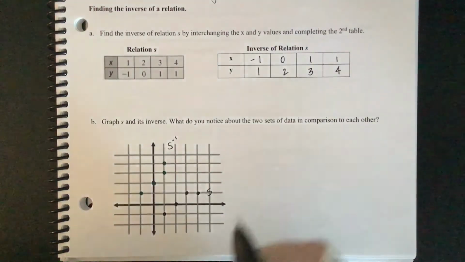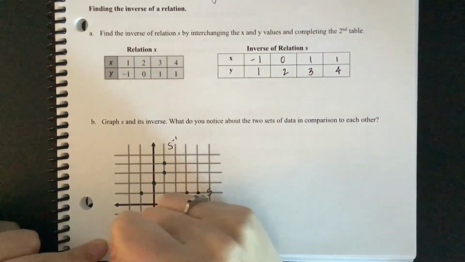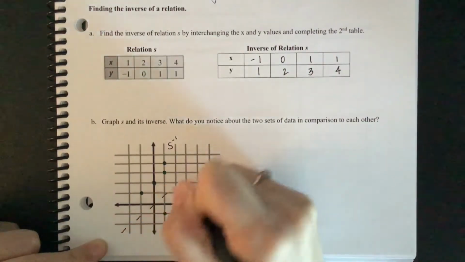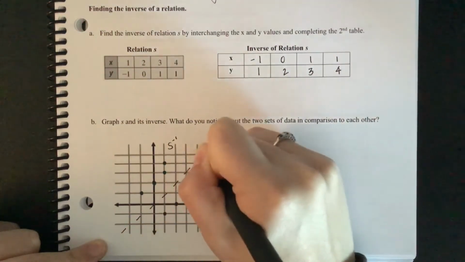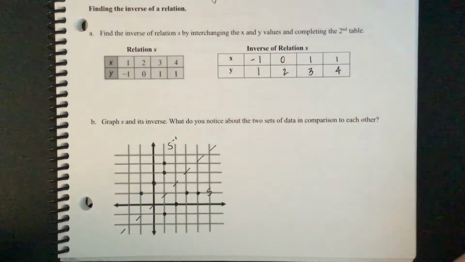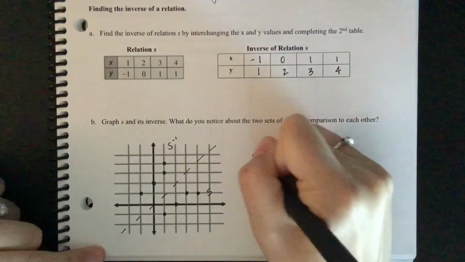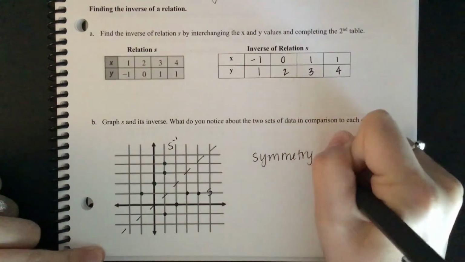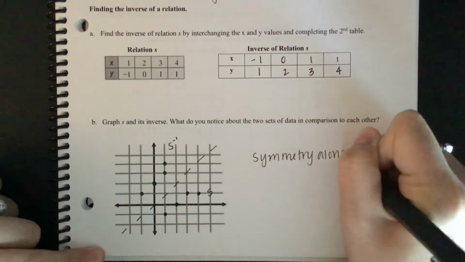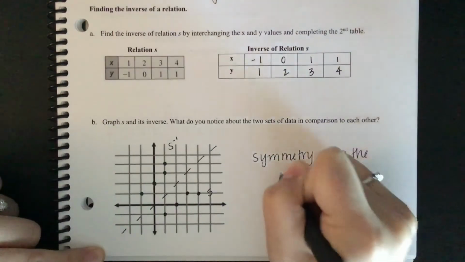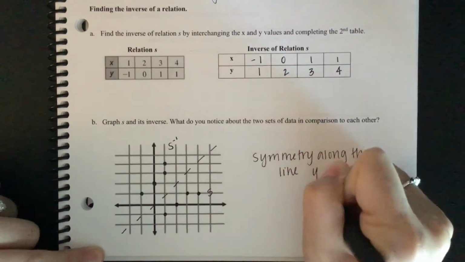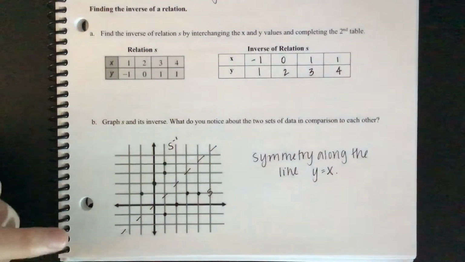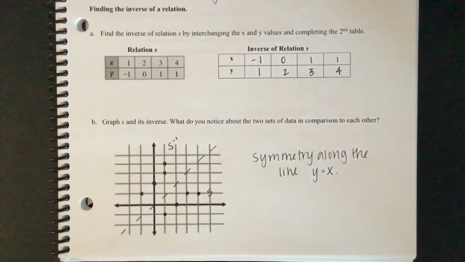So what we call this is a symmetry along the y equals x line. Think about the y equals x line.